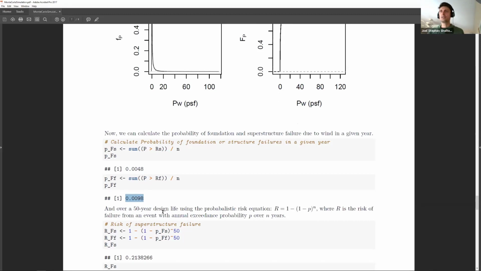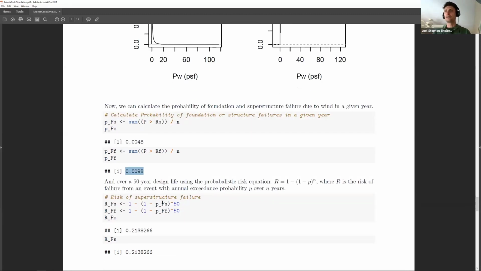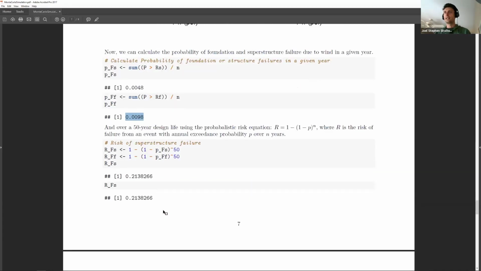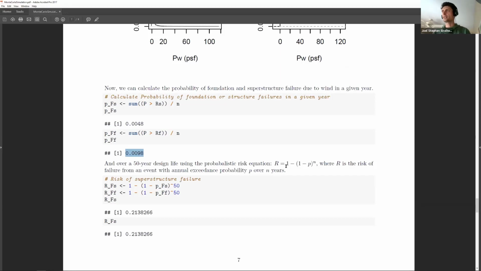So, pretty tiny values, but now I want to know the probability of failure over the design life. That's when I use the risk equation. We've used the risk equation previously. The risk of failure is equal to 1 minus (1 minus p) to the n, where R is the risk of failure from an event, with that event having an annual exceedance probability p, which we just calculated here, over n years.